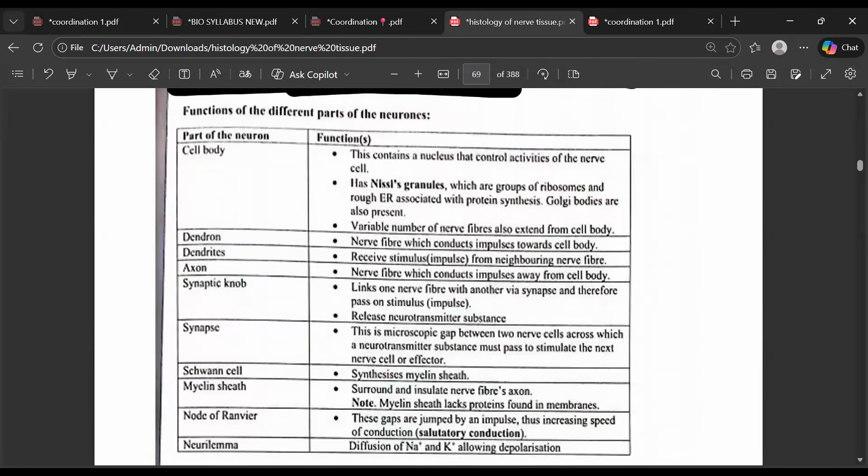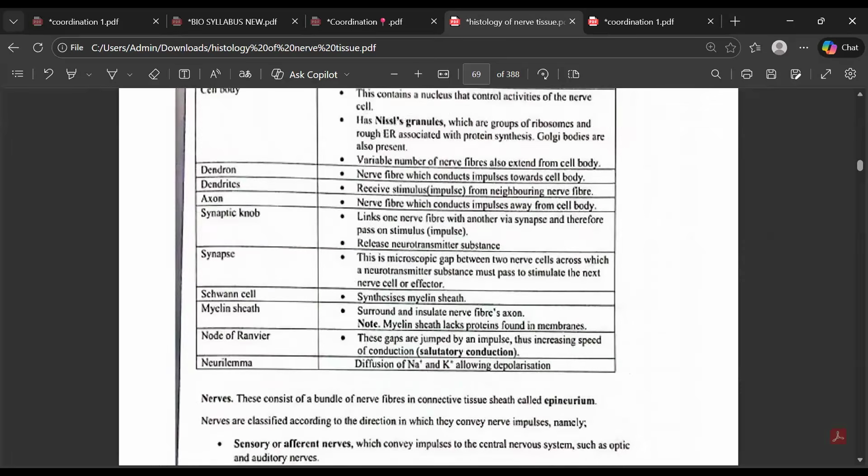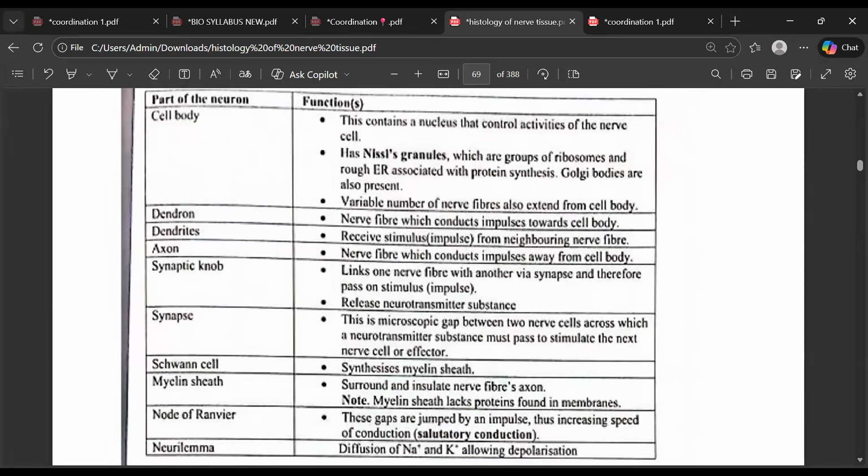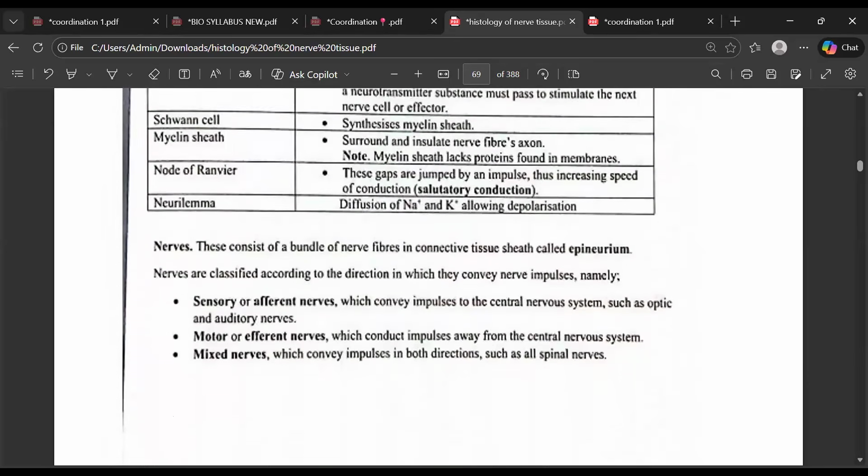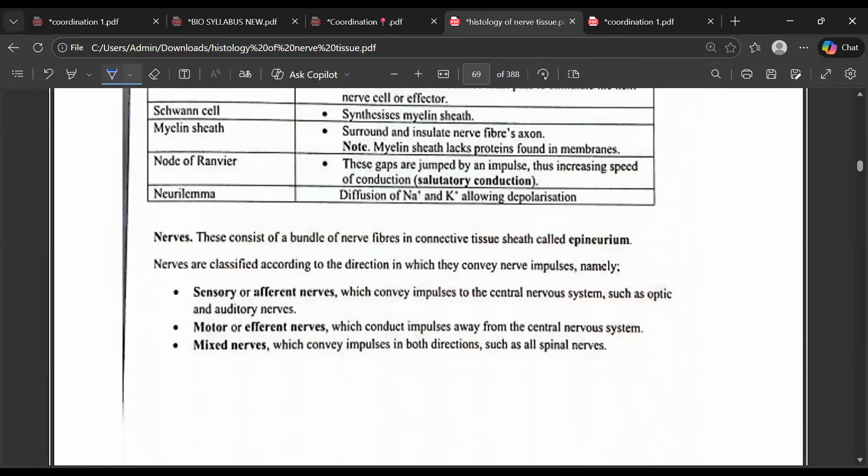Then after you take this table, very important, part of the neuron and the function. After you give your friends the screenshots in the group, yeah, then this note, I think it is the last one.